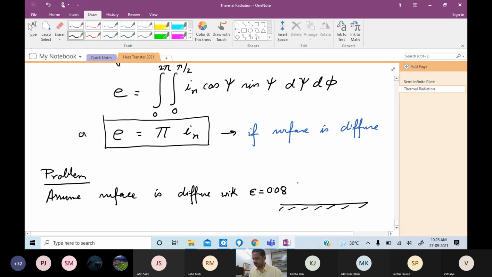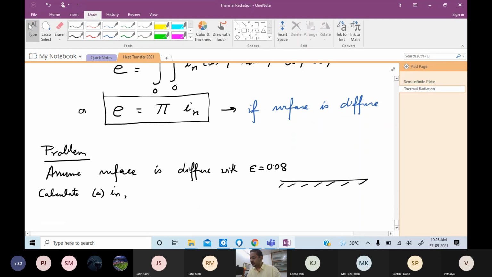Emissivity is 0.08. A: calculate I_N. The surface is at, sorry, I should write, the surface is at 300 K, more or less room temperature.